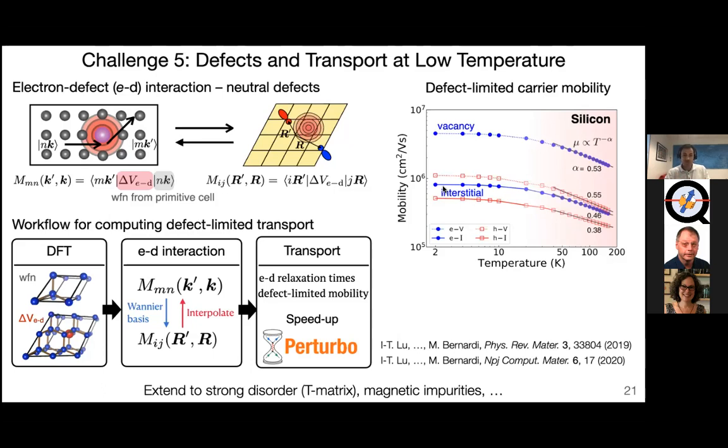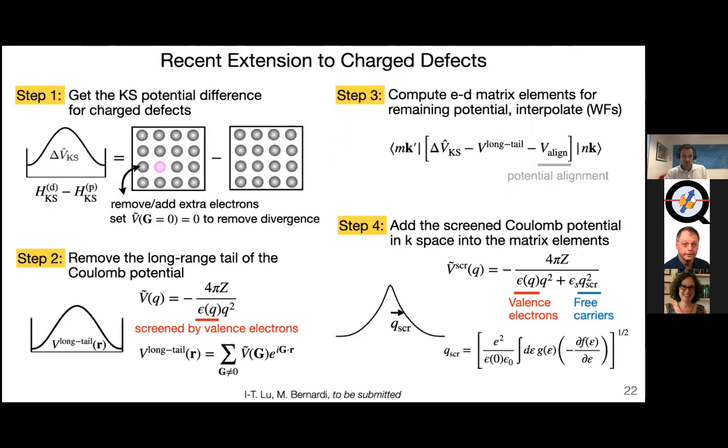Just to show you briefly, these first works were for neutral defects. Treating charged defects includes some technical challenges that we have recently tackled, in particular, including the long-range couplings, very similar to the Fröhlich problem in electron-phonon.